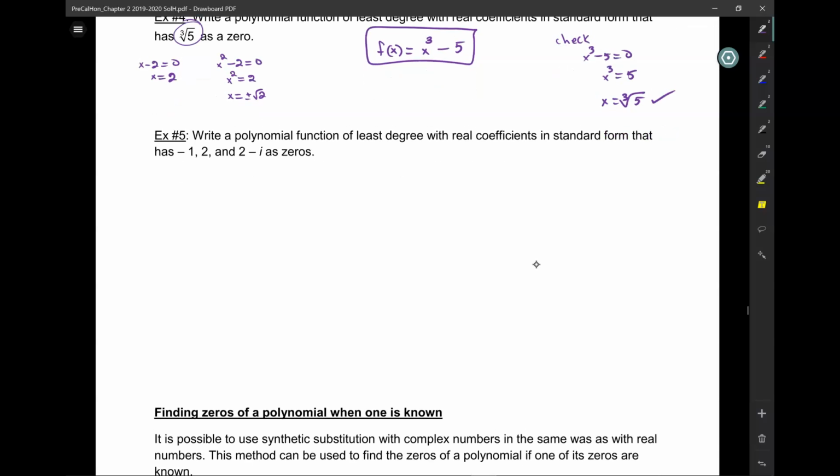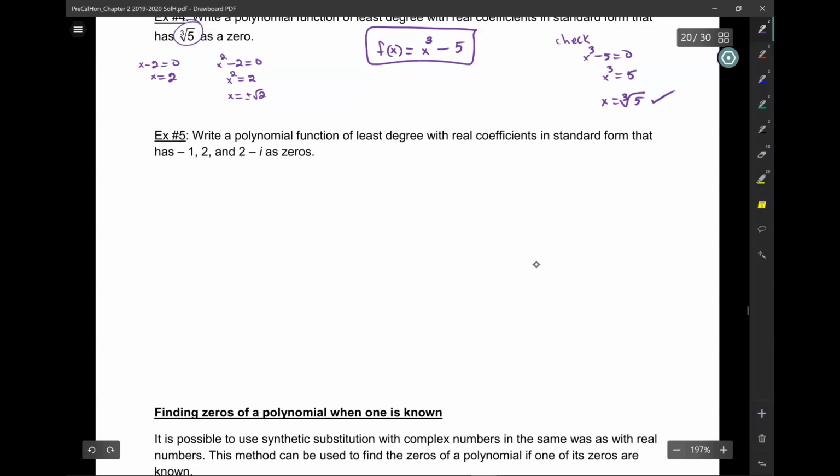Write a polynomial function of least degree with real coefficients in standard form that has all of these as zeros. So I have negative 1, 2, and 2 minus i. Okay, so here's the deal with these imaginaries. Remember how I said they always come in pairs? They come in conjugates of each other.